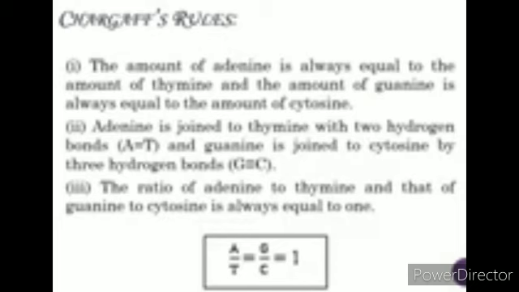Adenine plus guanine is equal to thymine plus cytosine. So if we know one of the elements, then we can find out the other.